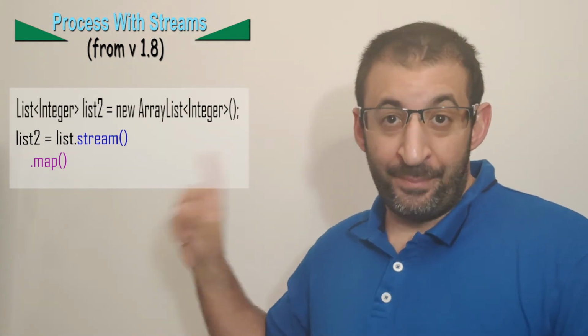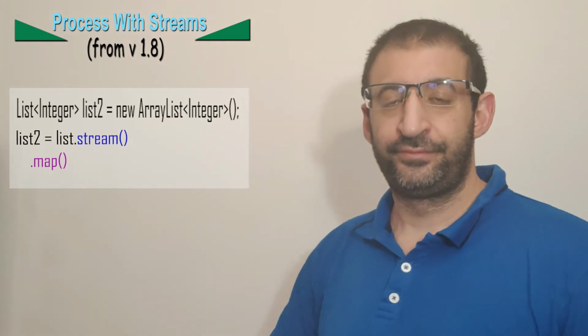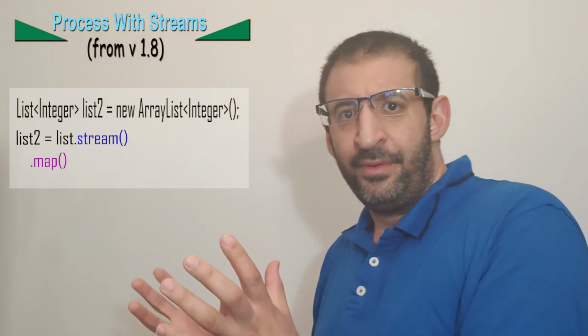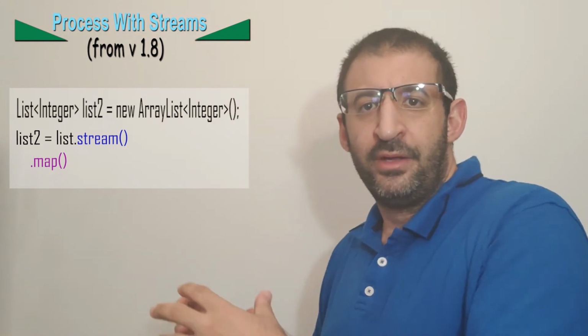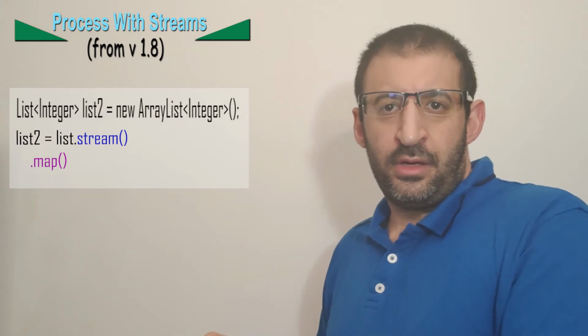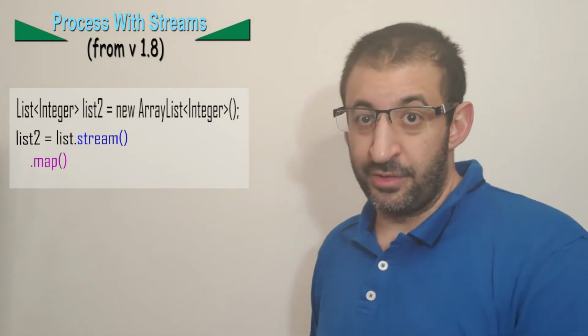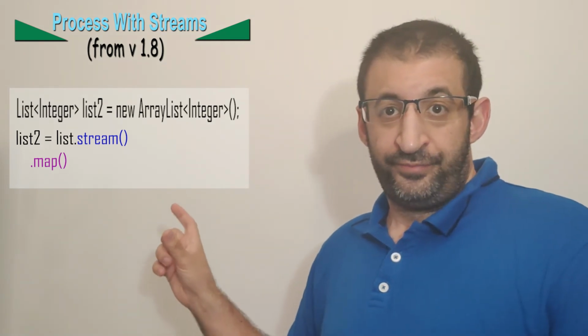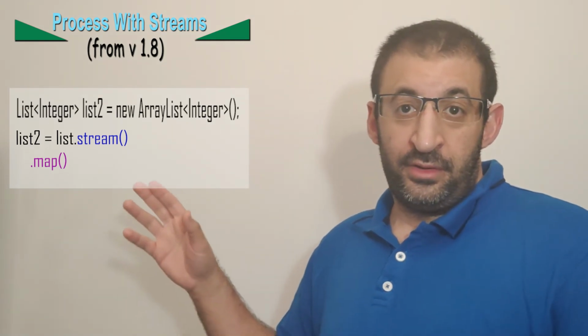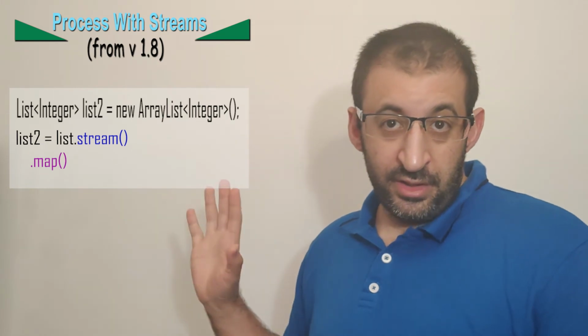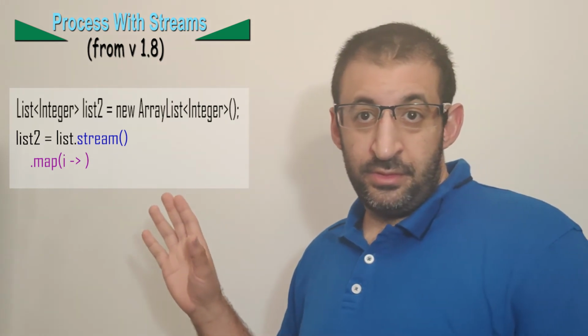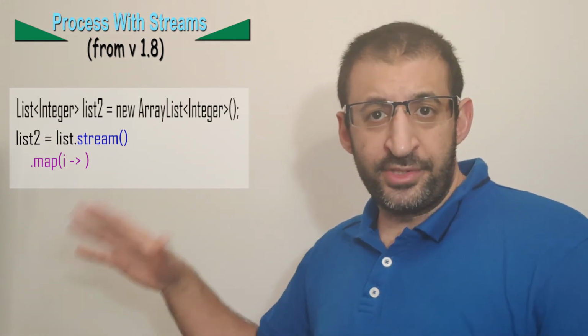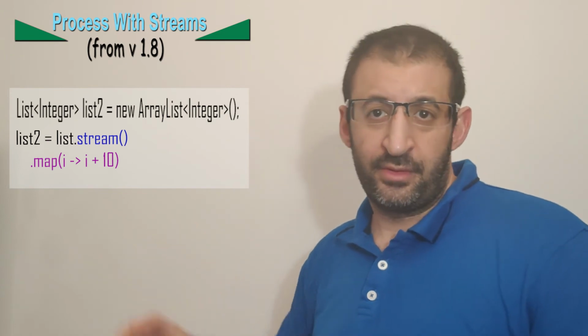I will use the map method here. And inside the map, I will write the operation that I want to do, in a lambda expression, of course. So here, I will write e, simple arrow, e plus 10, okay? I will close the method map.